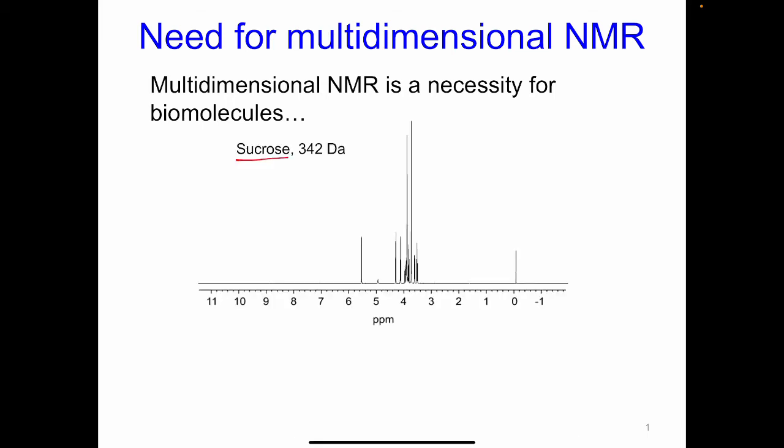Here you're seeing the proton NMR spectrum of sucrose. Sucrose is C12H22O11. There are a few things that you're able to observe straight out of the bat for this small molecule, which is about 342 Dalton in its molecular weight. You're able to understand that the proton resonances are sharp, which gives you very narrow resonances.